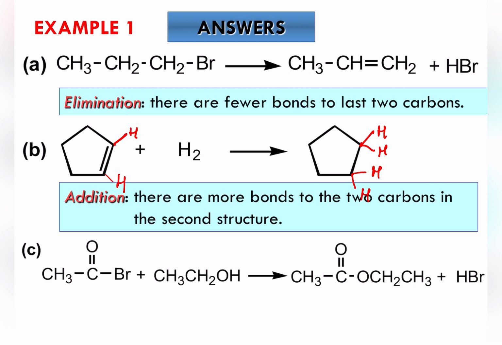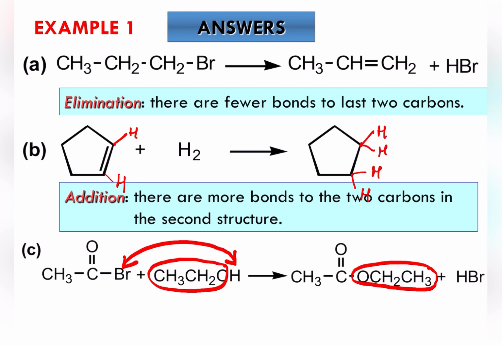As you see from here, the Br atom is being replaced with OCH2CH3, and this OCH2CH3 is coming from here. And of course, HBr will be combined together as the final product.